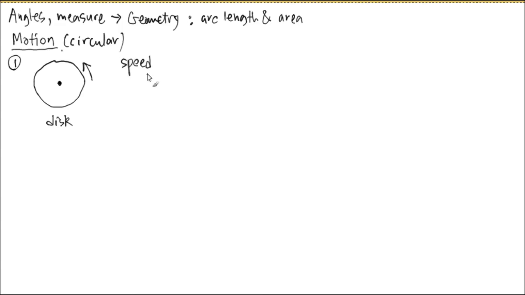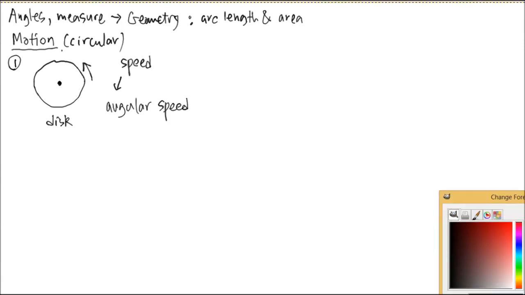Okay? So how fast is it moving? The most natural notion, it turns out, is angular speed. How fast is it rotating? After 1 second, what is the change of the angle? I'm going to put this in a different color here, in red.